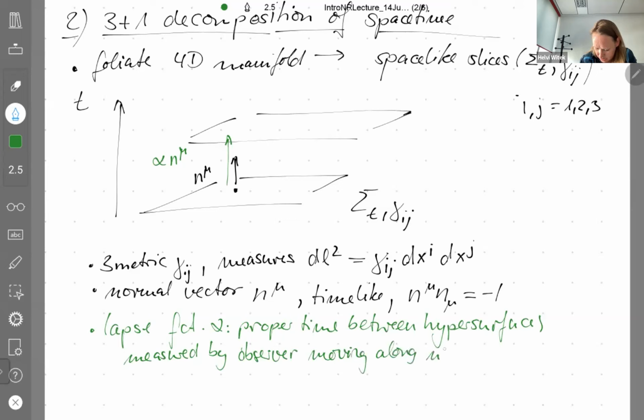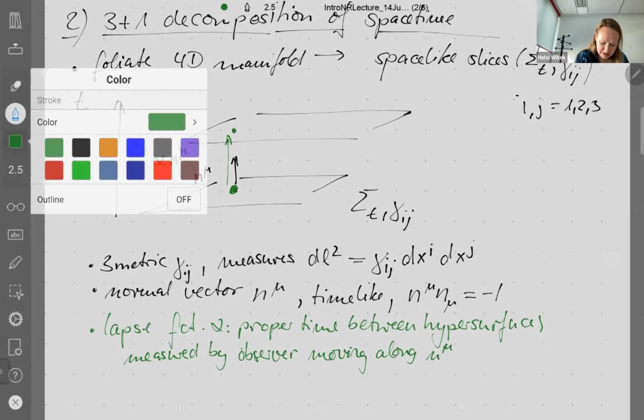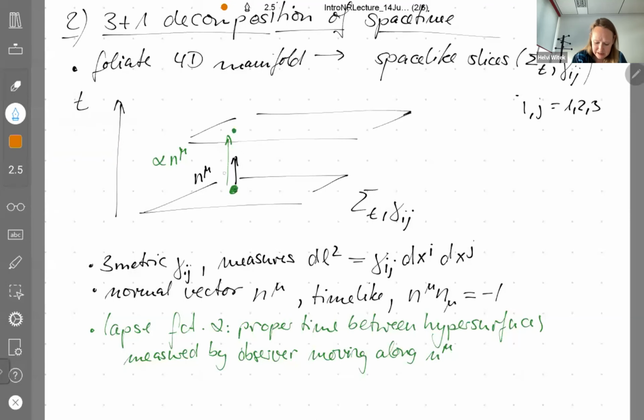Okay, good. Now, of course, it may not always be the case that the coordinate points that you have here will always end up just propagated along the normal vector. It may actually happen that your coordinate points that are, say, here on one slice may be shifted with respect to the movement along the normal vector on the next slice.